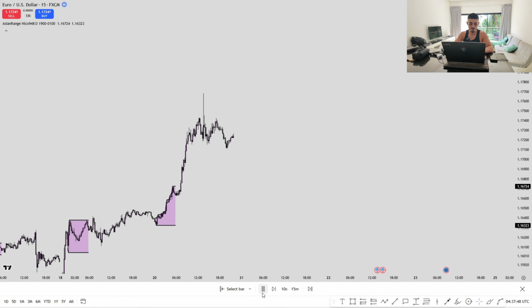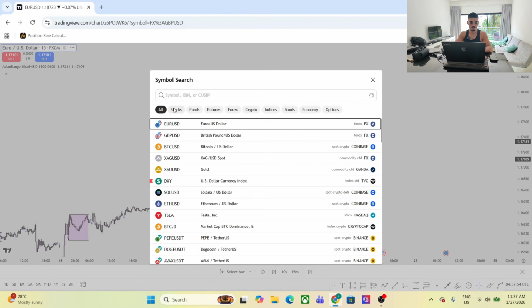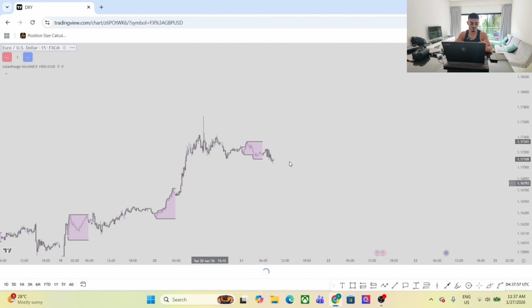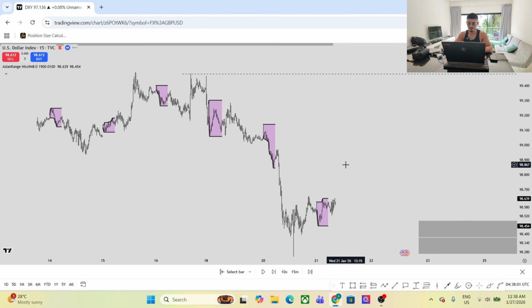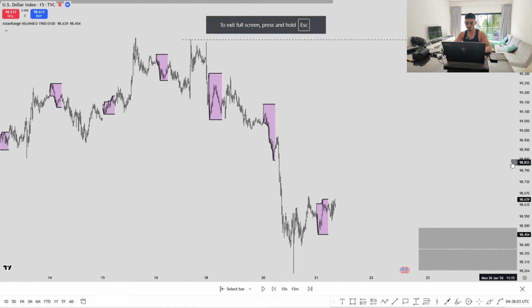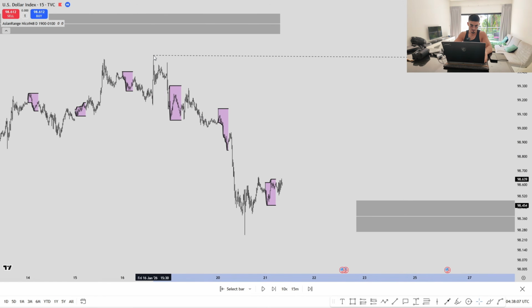So Wednesday right here, we simply waited. Oh, before I do this, I want to show you the DXY as well, because I want to show you that the DXY is very important in your analysis too. And we'll see this in a second, right? You need to understand that if we're going to be trading EURUSD and looking for buys, then we want to make sure that the DXY is looking bearish.